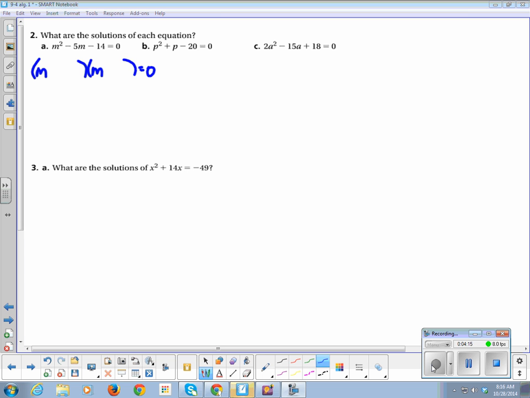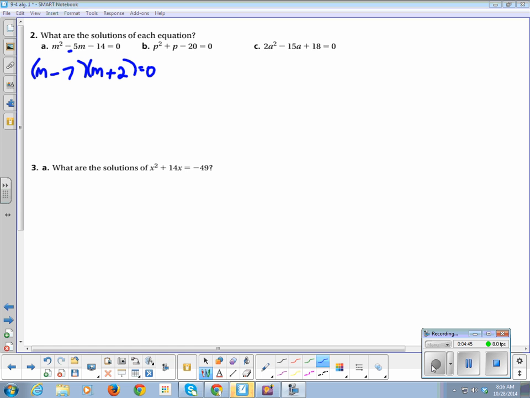I'll tell you, one of them's got to be negative. So what two numbers multiply to give you 14? 7 and 2, and because this 5 is negative, the bigger number has to be the negative one. So 7 is the negative one, 2 is the positive one, and negative 7 times 2 is negative 14, and negative 7 plus 2 is negative 5.